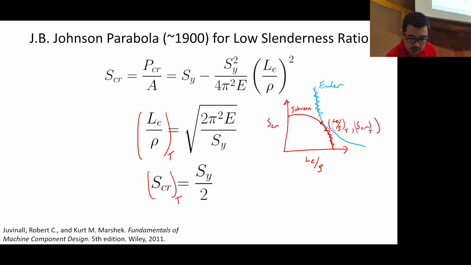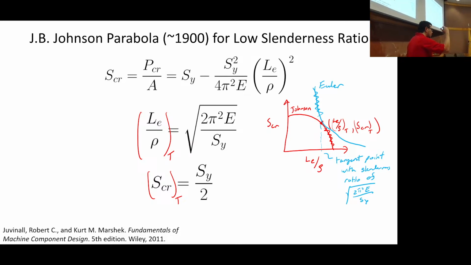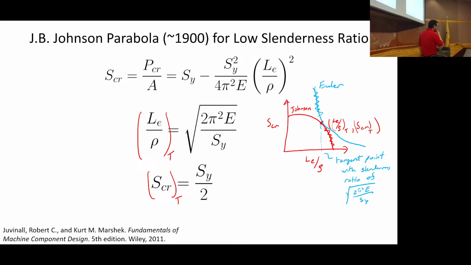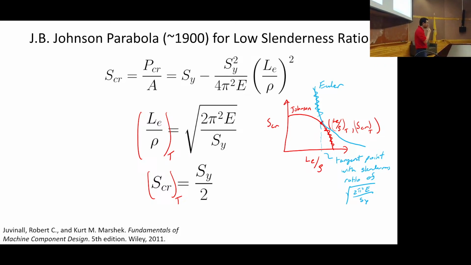This is going to be the tangent point, with slenderness ratio of the square root of 2 pi squared E over Sy. And in terms of the critical stress, it's at half the value of the yield strength of the material.